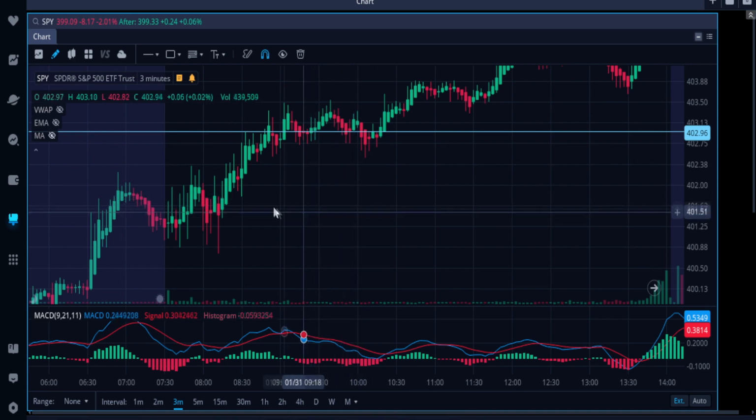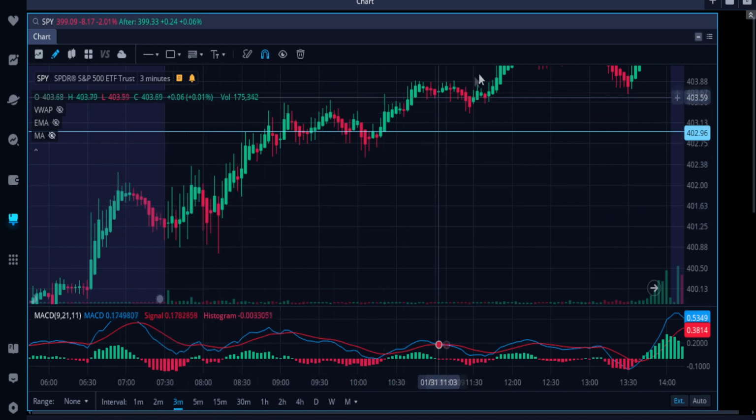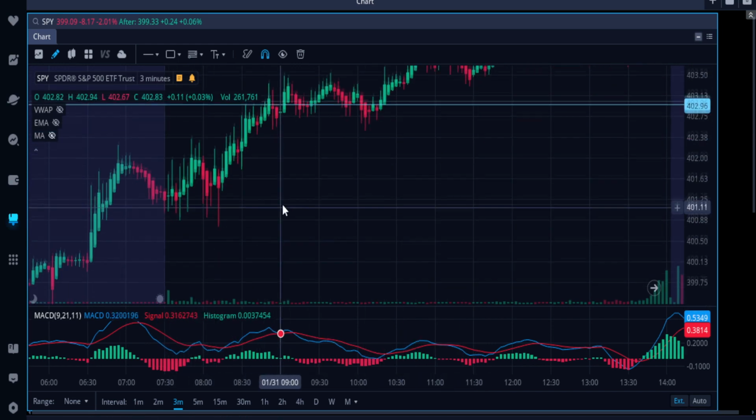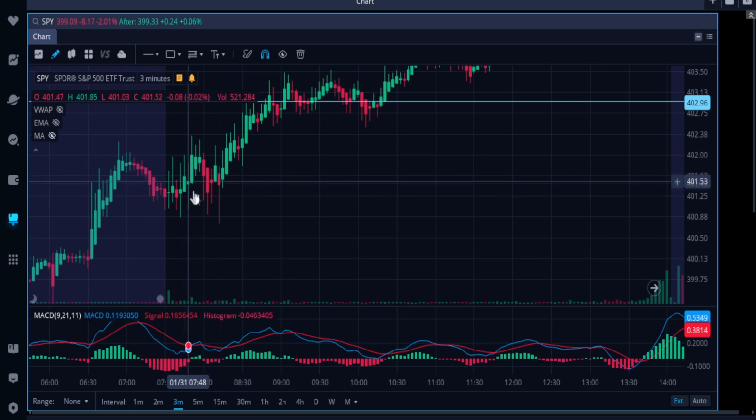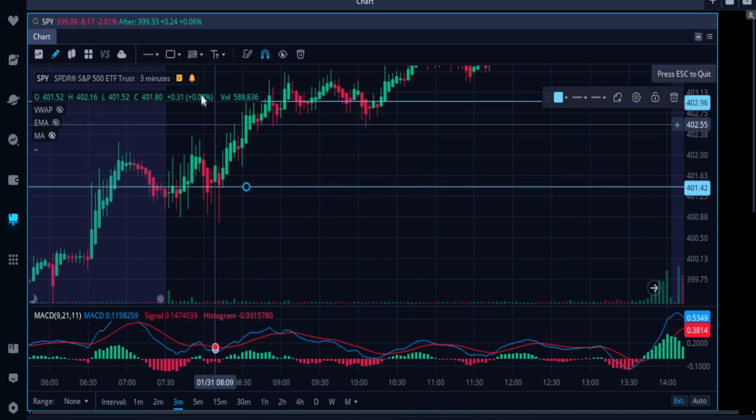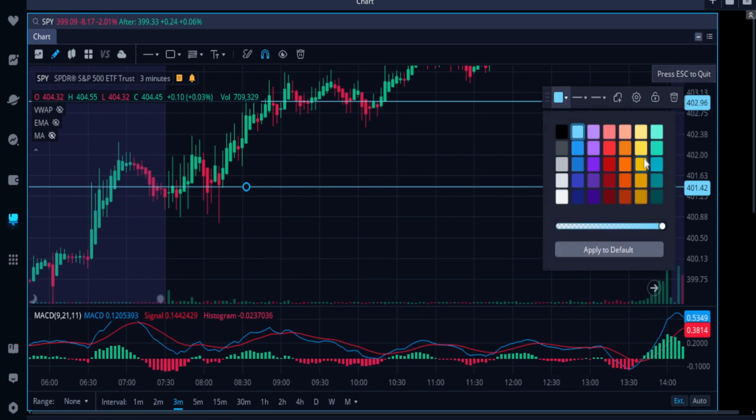And I noticed that it found support here. So that big move that happened on this day, it started from here. It bounced a few times, several times actually, and that's where it found support. So I see that as a significant level, so I mark that.